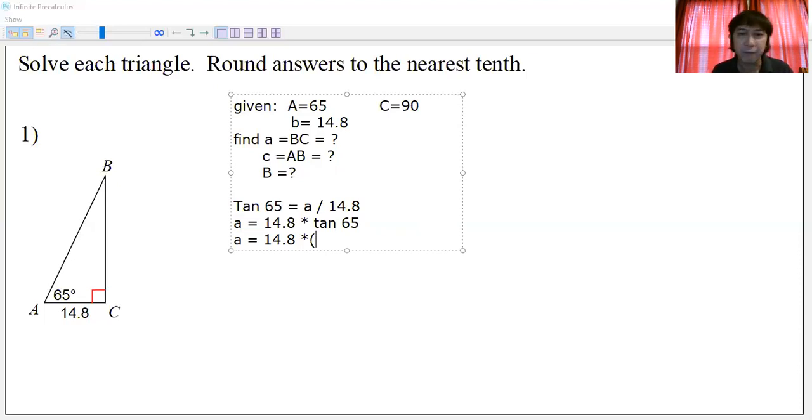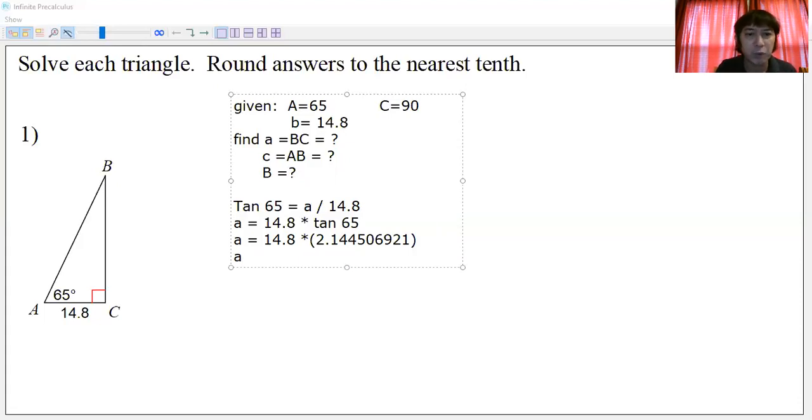The value of tangent 65 is 2.144506921. That value will be multiplied by 14.8, and we have the answer.